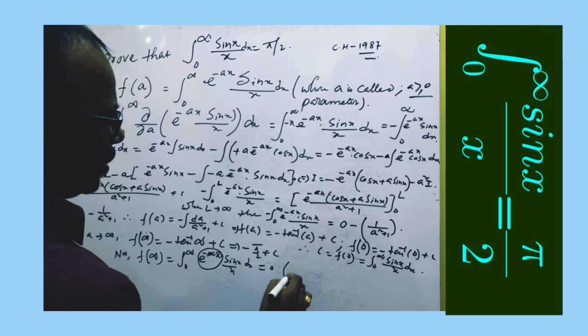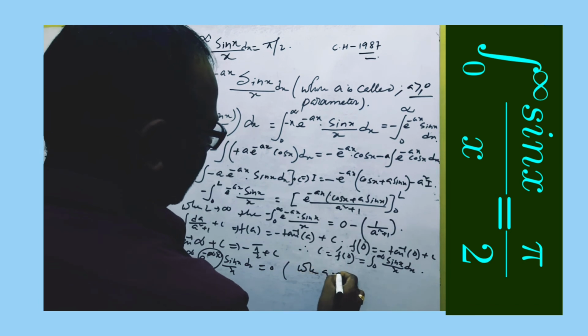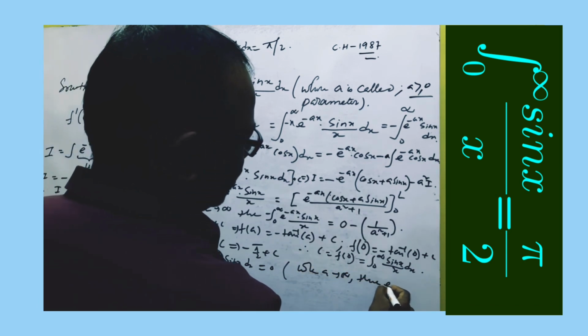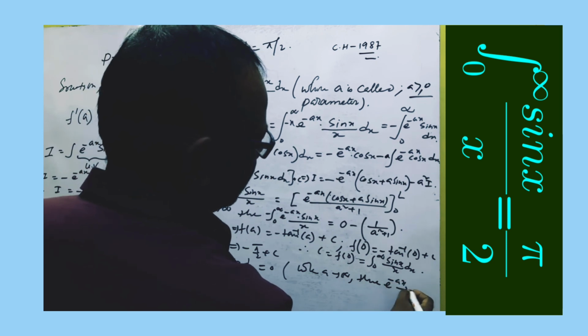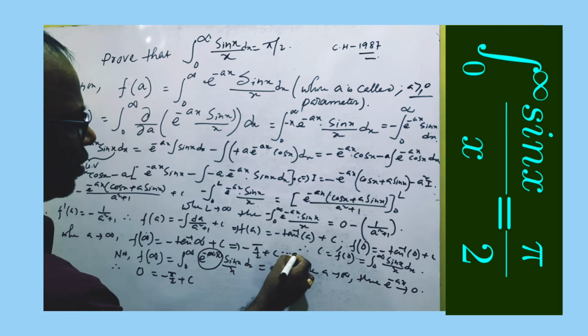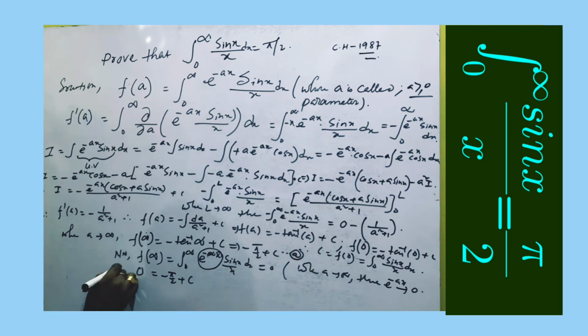When a tends to infinity, then e to the power minus ax tends to 0. Okay. So therefore we can write 0 is equal to minus pi by 2 plus c.